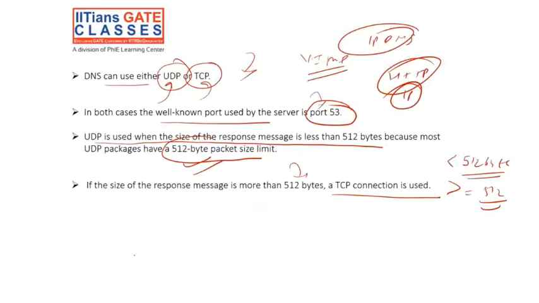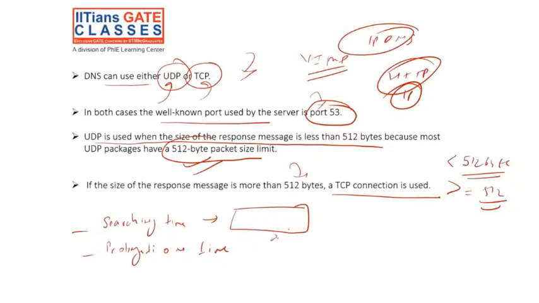Two things are very important in DNS: your searching time and your propagation time. Searching time means searching the IP corresponding to the domain name in the database; the database is there on each server.